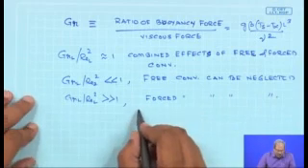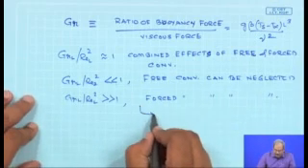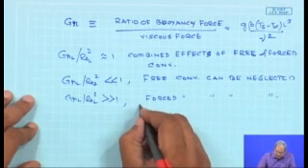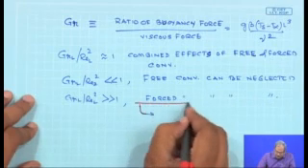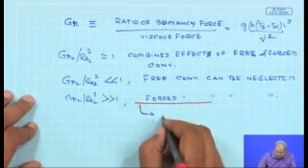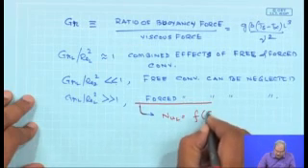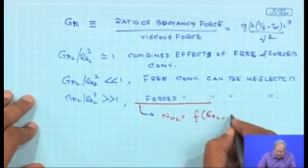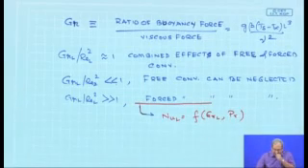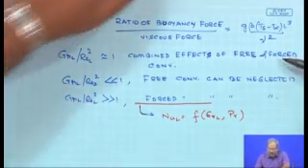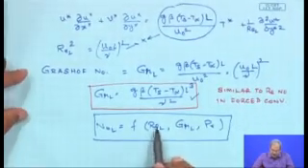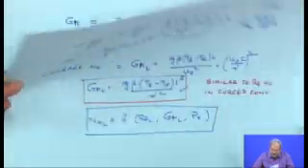For that special case, when forced convection effects are neglected, Nu_L would simply be a function of the Grashof number based on length times the Prandtl number. If both are present, then the functional form is going to be Reynolds, Grashof and Prandtl.